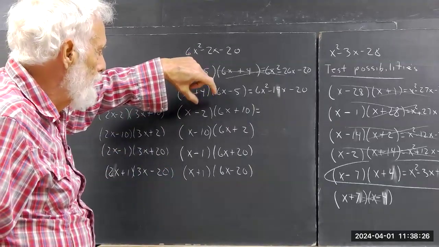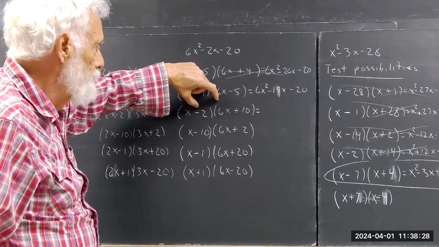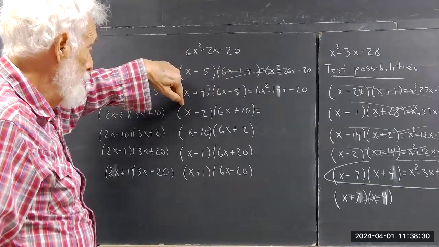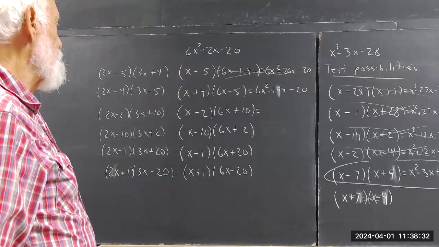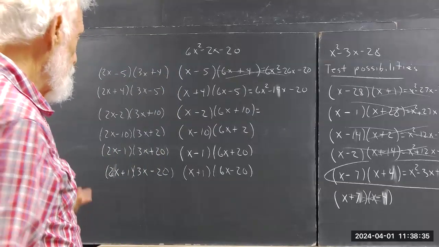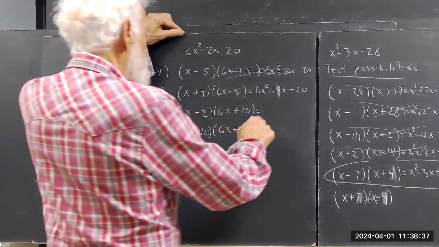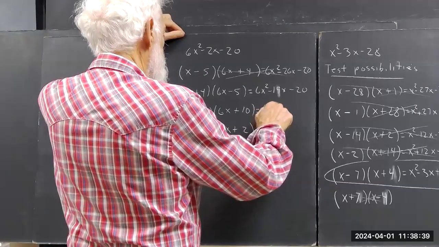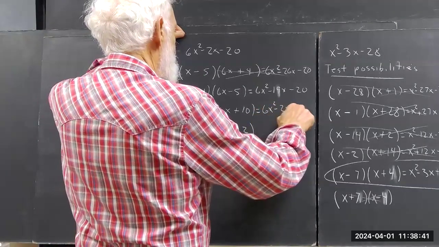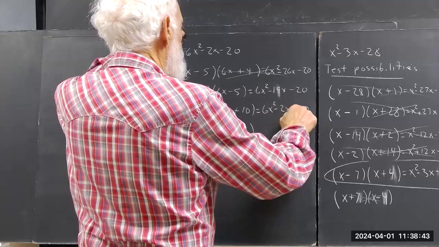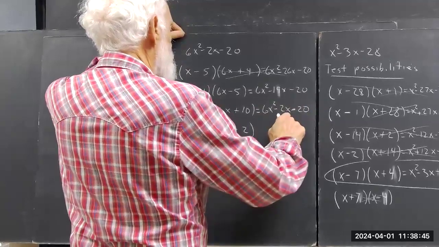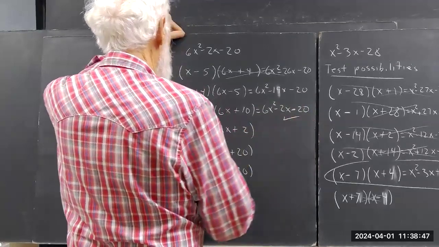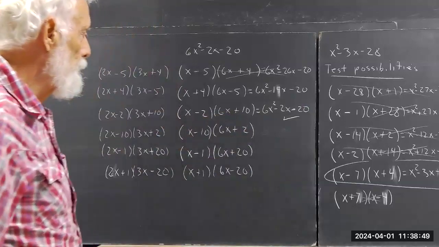We have the negative 2 and the 6x gives us negative 12x, and 10 times x gives us 10x. So we got negative 10x and 12x, and oh, that's 24. So this one works. So we don't have to worry about the rest.